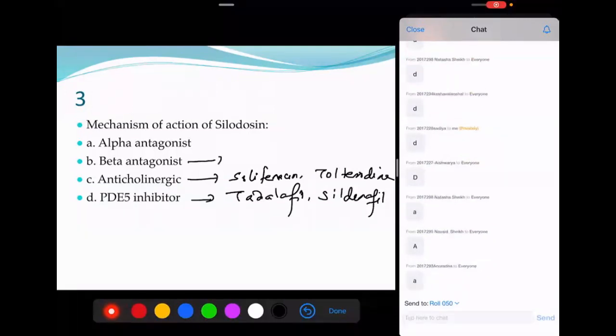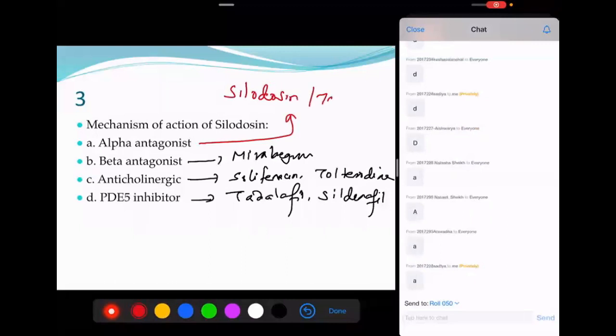Beta agonist is mirabegron. And the alpha antagonists that are alpha 1A specific are silodosin and tamsulosin. These are specific. Non-specific are prazosin, doxazosin, terazosin.